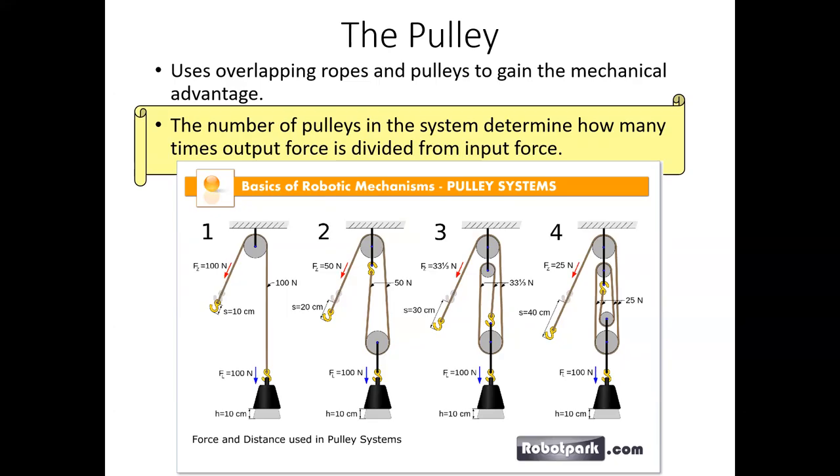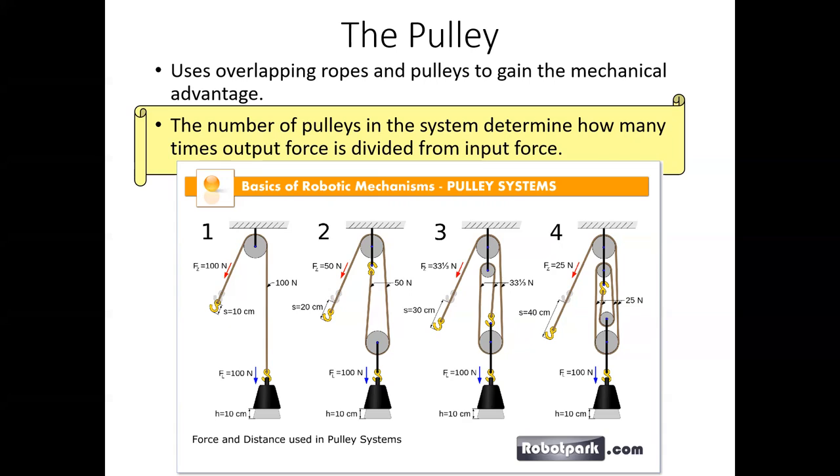If that's the case, as you see in picture number 2, I can lift up a 100 Newton bar of metal by using only 50 newtons of force. Well, that's great. So I have 2 pulleys in the system, and that divided my input force by half.